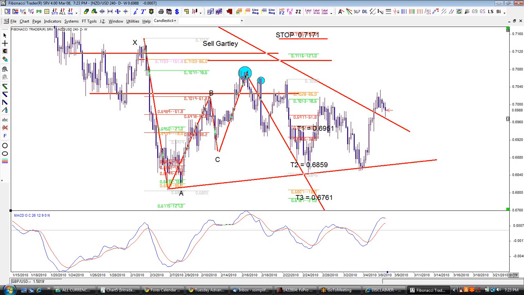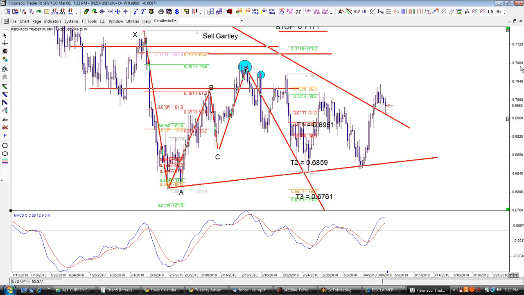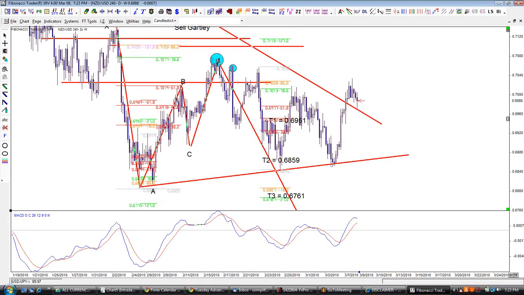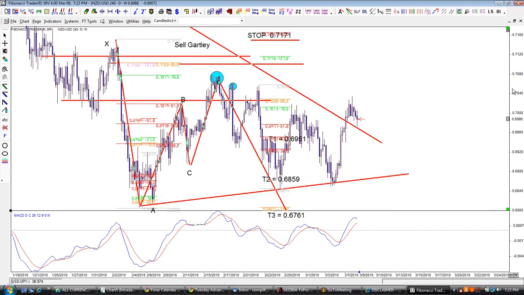I still have one lot running in this trade, and we saw some very strong bullish move yesterday. We can see the market drop lower, but currently this trend line, the backside, is giving us very strong support.